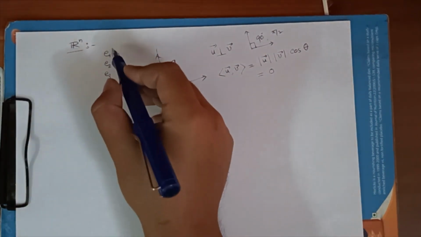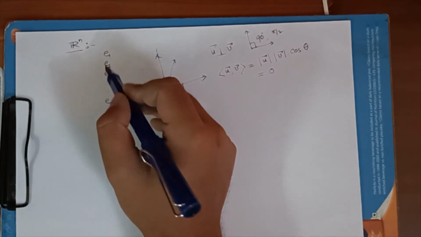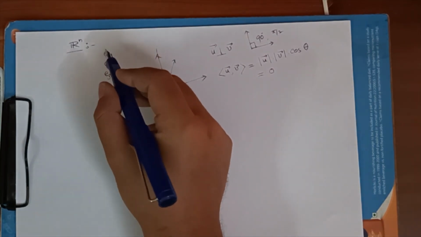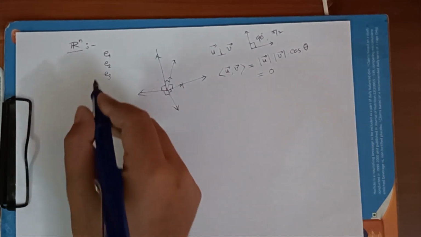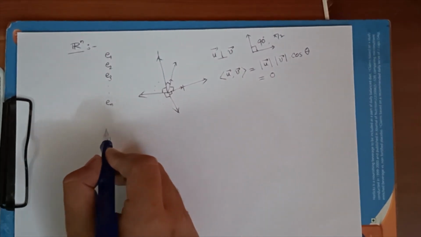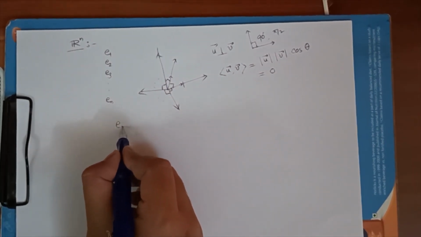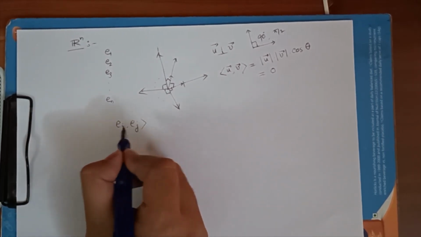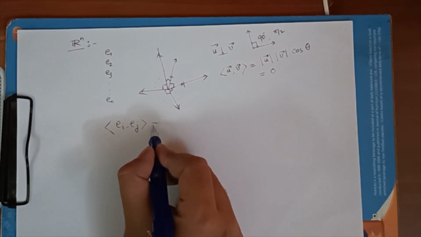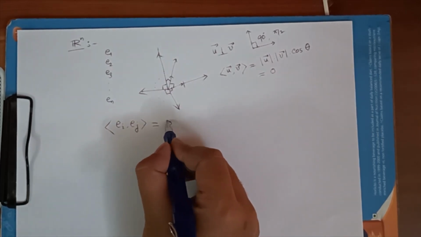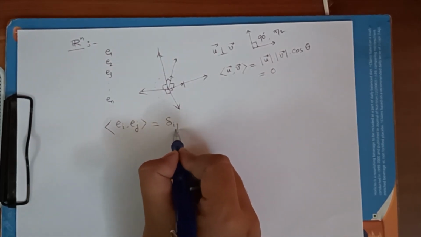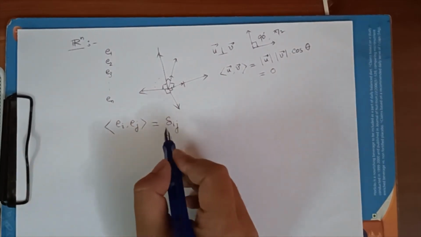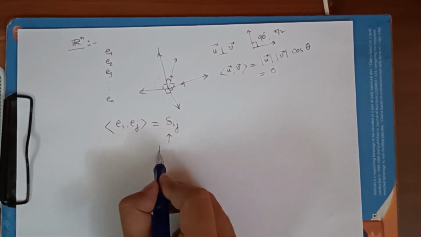That is understood. So all these orthonormal basis vectors satisfy one condition, that is, if you take the inner product between Ei and Ej, it will become delta ij. I am developing one notation. This is called the Kronecker delta.